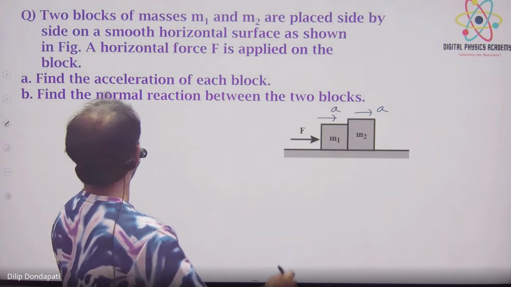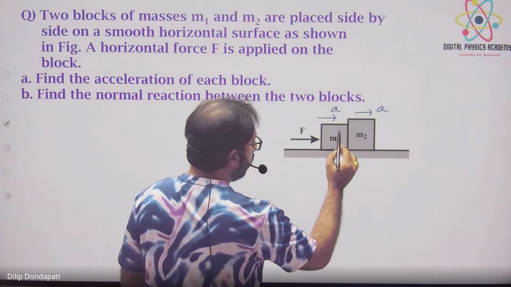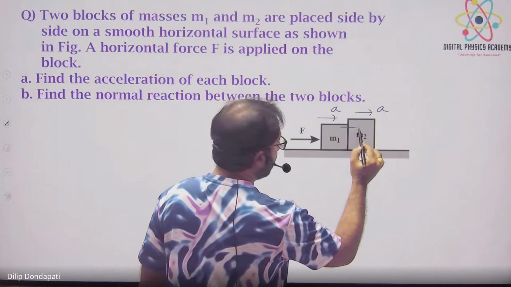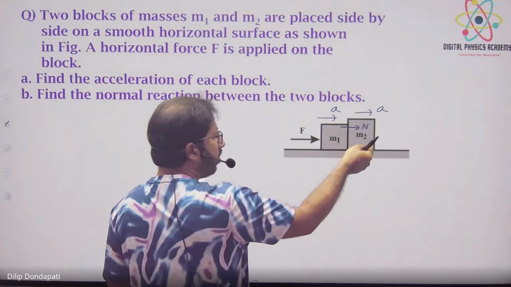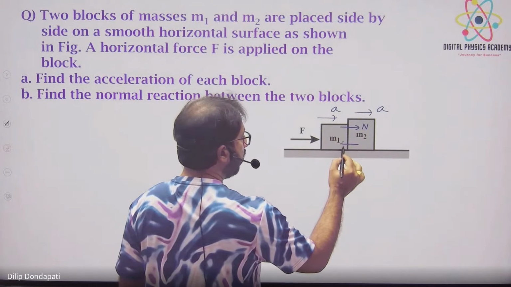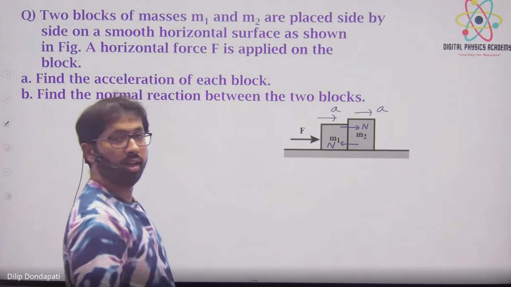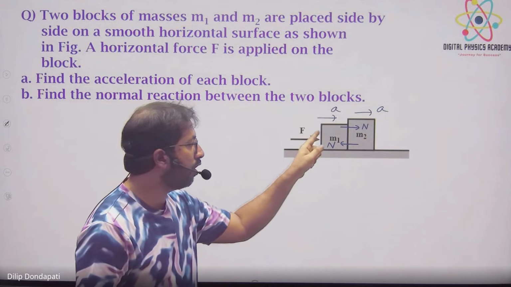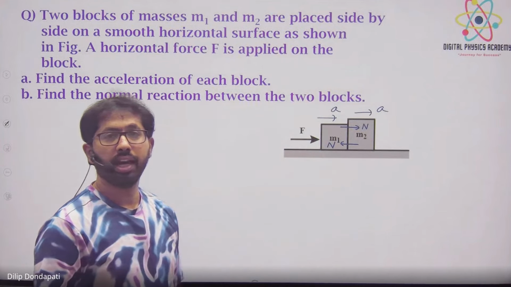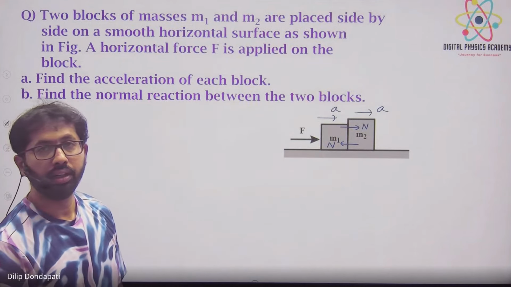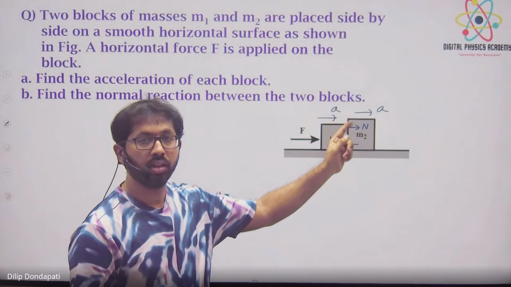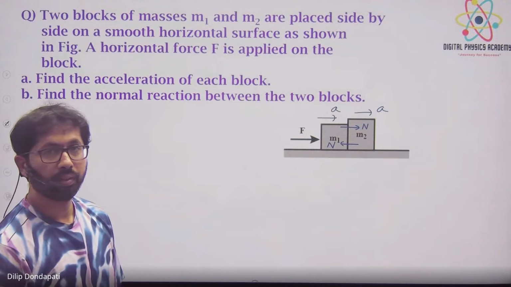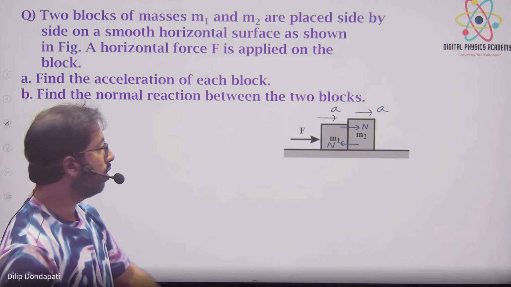Okay, so look, this is applying a normal reaction like this, N, and at the same instant this also will apply a normal reaction in the opposite direction, N only. And you tell me, is this F applying for both or m1? Force F is applying only for m1.